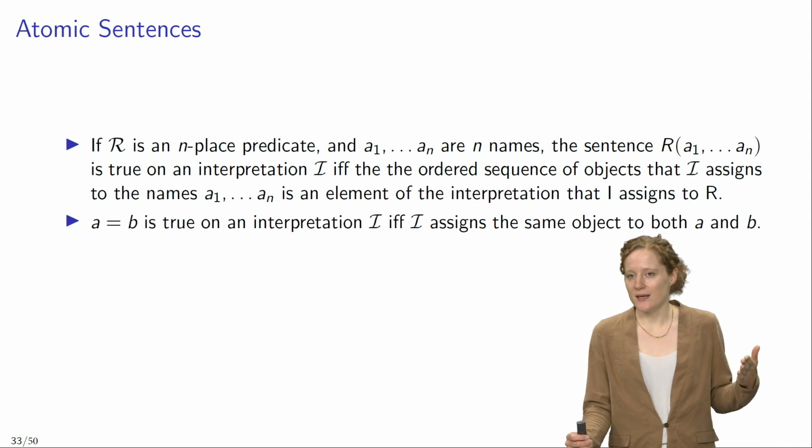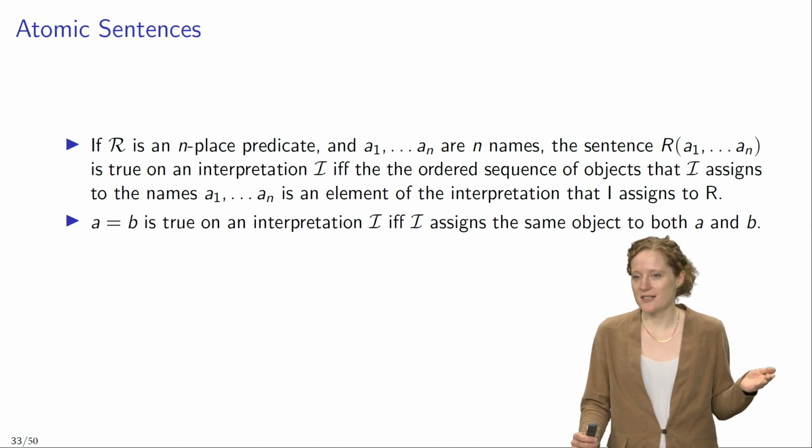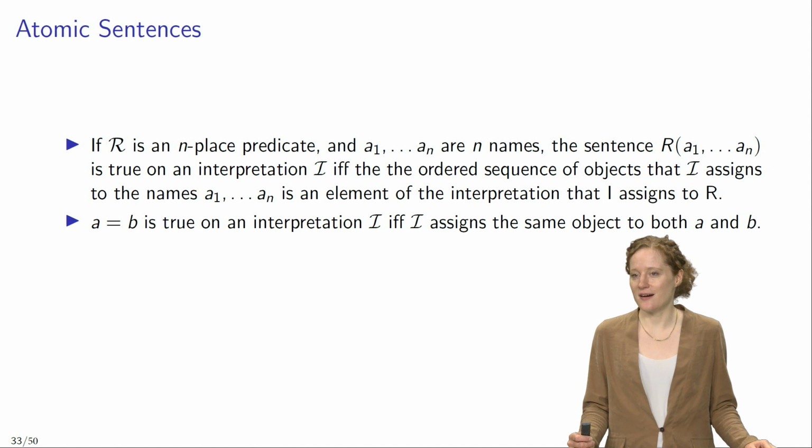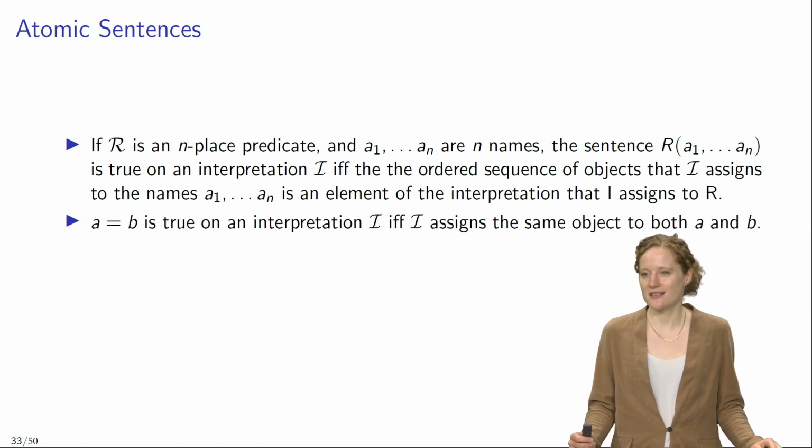A equals B is true on an interpretation I if and only if I assigns the same object to both A and B.